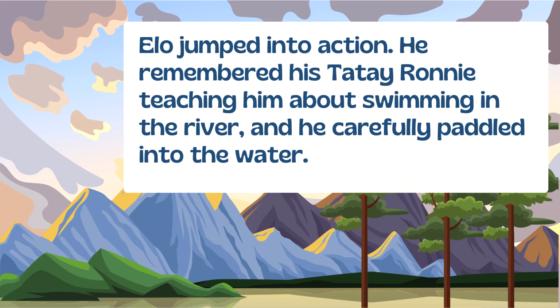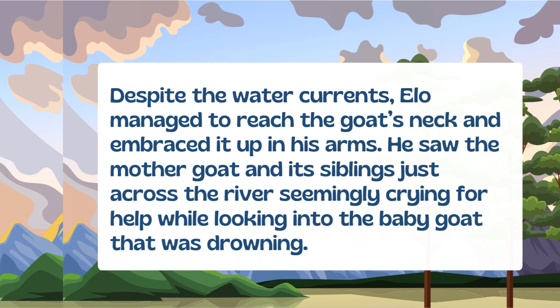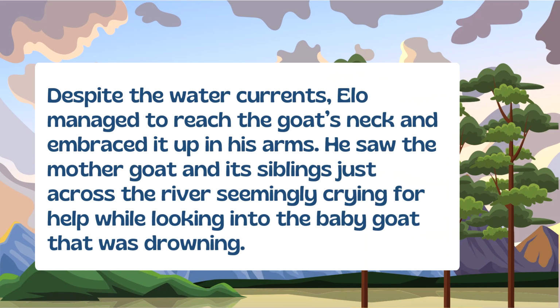He remembered his tatay Ronnie teaching him about swimming in the river, and he carefully paddled into the water. Despite the water currents, Elo managed to reach the goat's neck and embraced it up in his arms. He saw the mother goat and its siblings just across the river, seemingly crying for help, while looking into the baby goat that was drowning. Siblings means brothers and sisters.